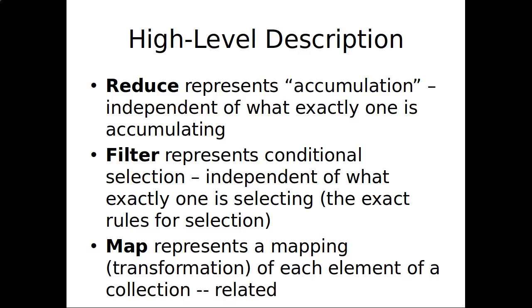Reduce is going to represent accumulation, in a general concept. We have a collection in, and a function, and that function tells us how to combine elements of the original collection. So we combine two elements into one, and by so doing across that entire original collection, we're going to get out one value.